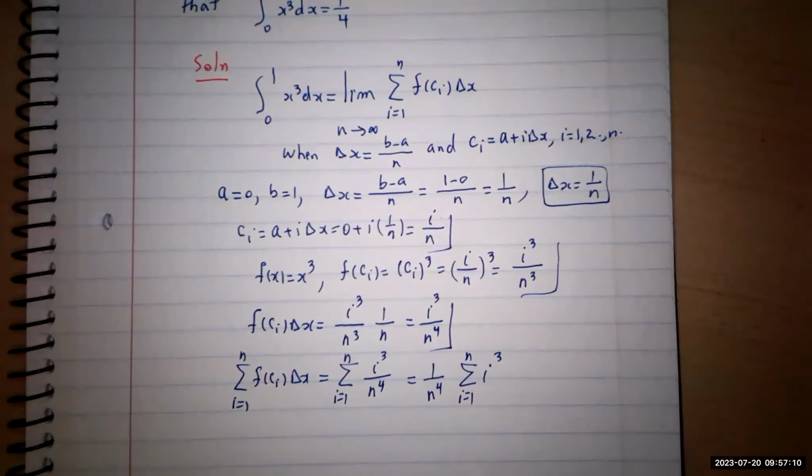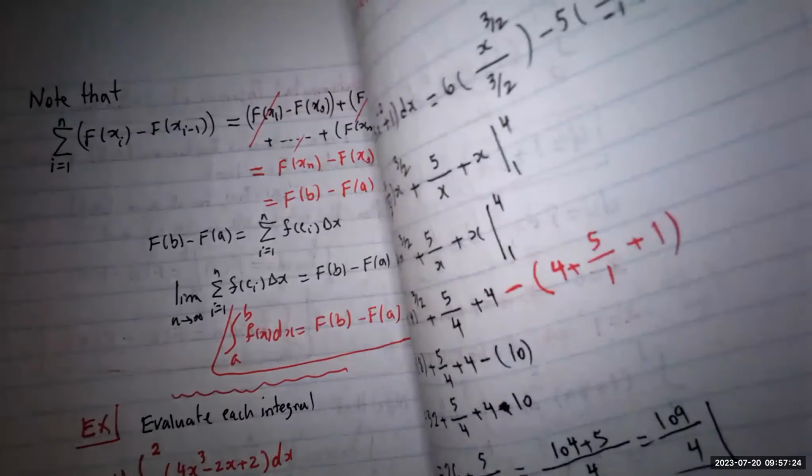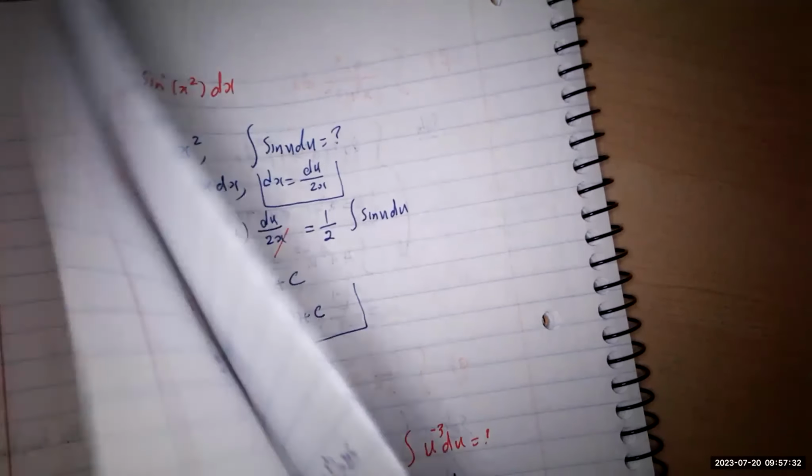The problems that we are going to be interested in, you may get sigma i cubed or you may get sigma i squared. So we have to bring these formulas. We already gave you the formula, so make sure you bring it, especially sigma i squared. Remember when we talked about the integral, we gave you this formula the other day.